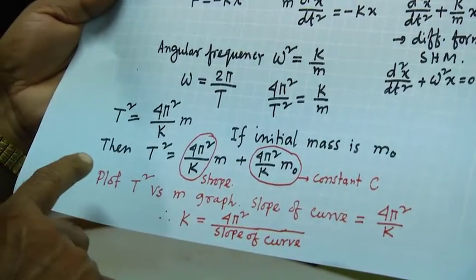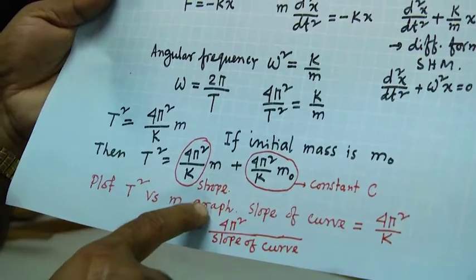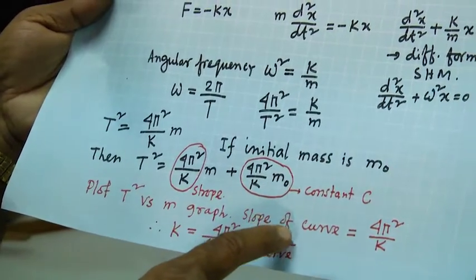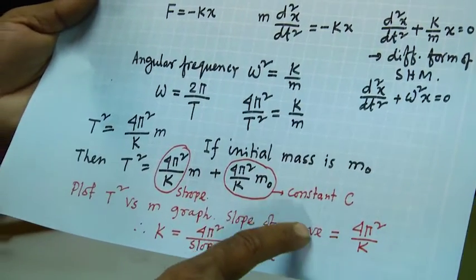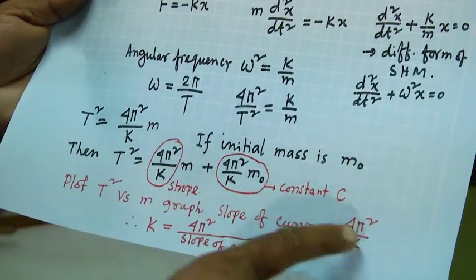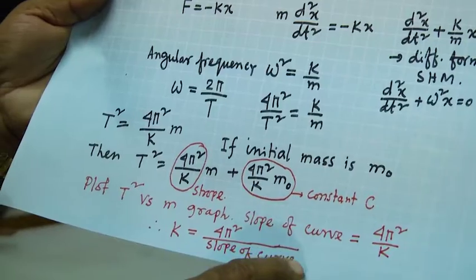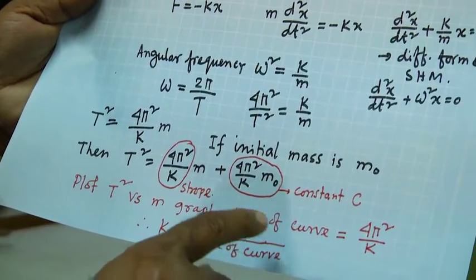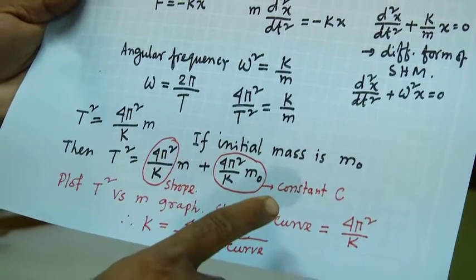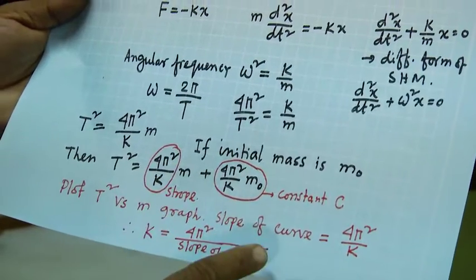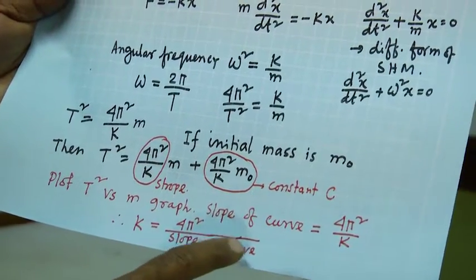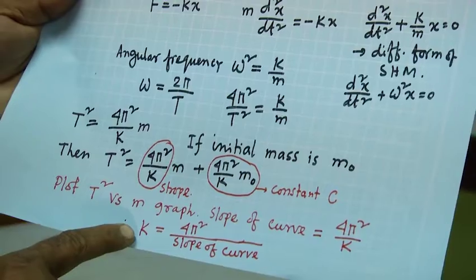So, from the T square versus m graph, we can find out the slope of the curve, and the slope of the curve will be 4 pi square by k. So, then k equal to 4 pi square by slope of the curve. So, from the T square versus m plot, we will get the slope of the curve, and this is the constant. So, we can calculate k.